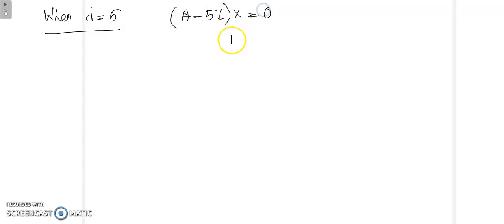Now when lambda equal to 5, take the matrix (A minus 5I) x equal to 0.